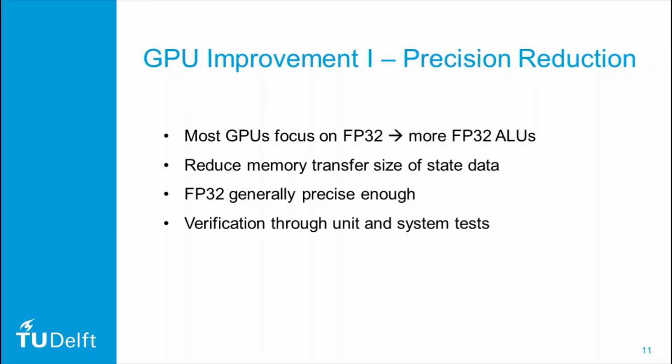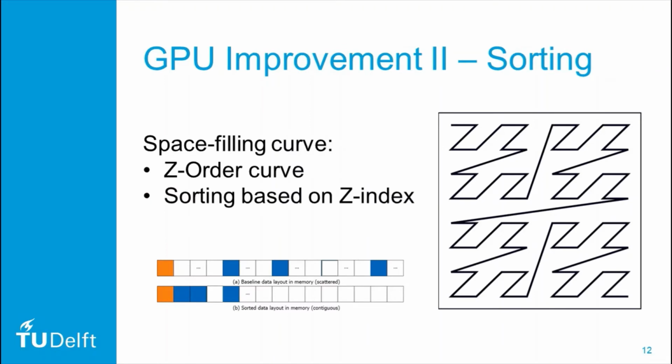Another advantage of having the agent state data in FP32 is the reduction in memory footprint, and therefore also the amount of data transfer between the host and the GPU. Moreover, FP32 in agent-based simulation is generally sufficiently accurate in representing the state of an agent. BioDynaMo comes with an extensive set of unit and integration tests that we will use in the evaluation of our GPU solution to verify correctness and accuracy.